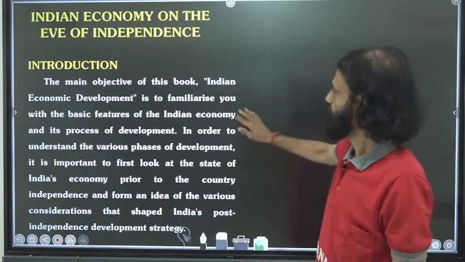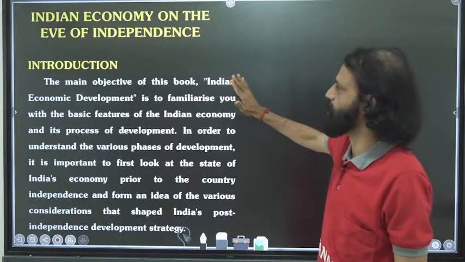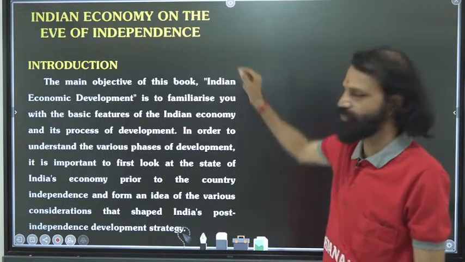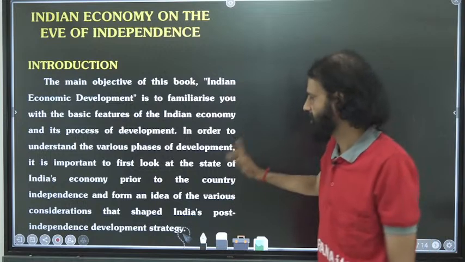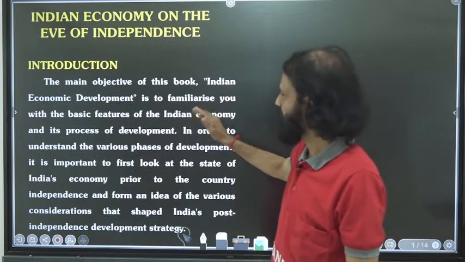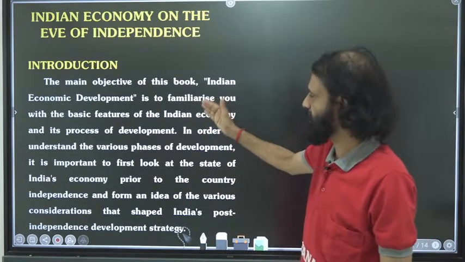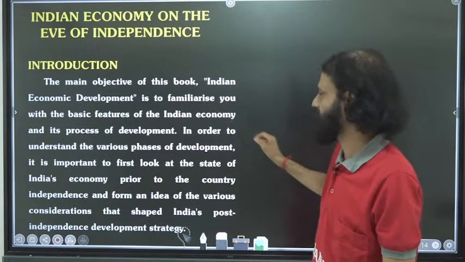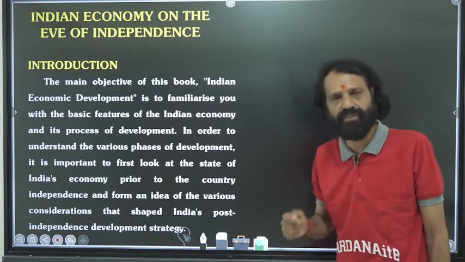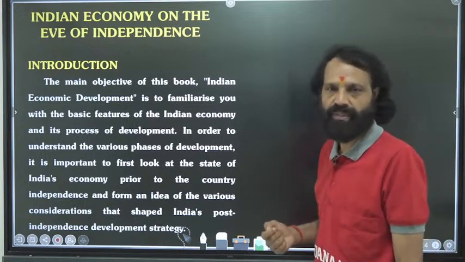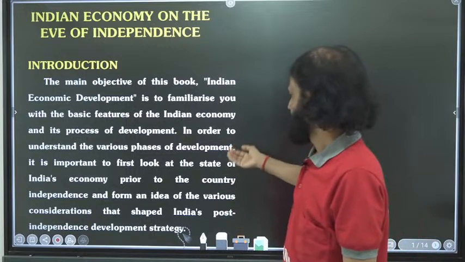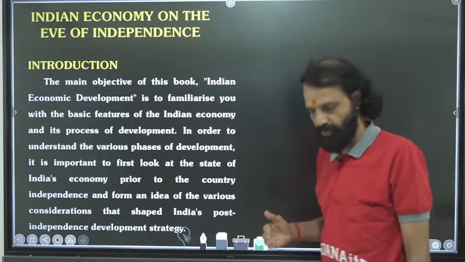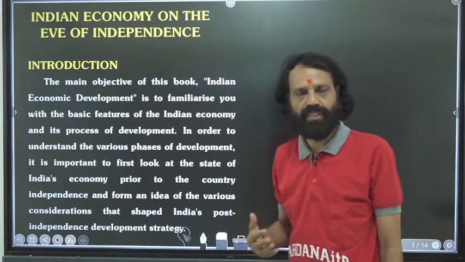So this is the first topic we wanted to understand: Indian economy on the eve of independence. The main objective of this book, Indian economic development, is to familiarize you with the basic features of Indian economy. We will study the basic features of Indian economy. We will also understand the various phases of development, what our Indian economy is doing nowadays.